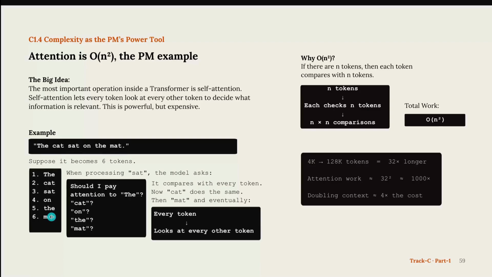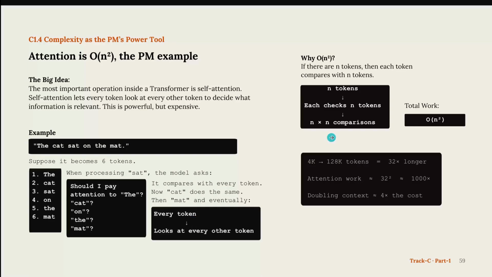Each element cannot compare to every other element, because then it becomes the order of n square. If it compares with every token, that eventually means every token is looking at every other token, which is the order of n square. And why order n square? Each comparison with every other token is n into n comparisons, so n square.